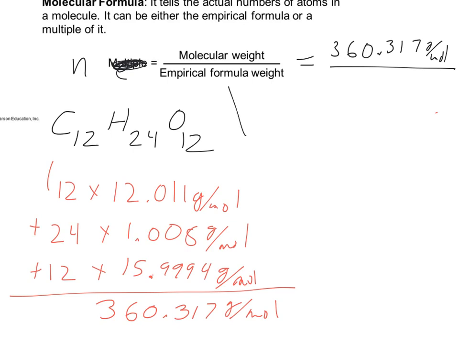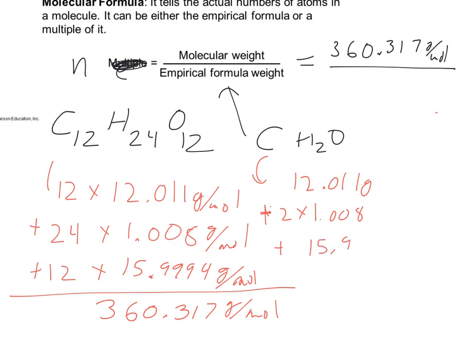My empirical formula I said was CH2O. So for its mass, it's simply going to be 12.011 from the carbon plus 2 times 1.008 from the hydrogen plus 1 oxygen at 15.9994.